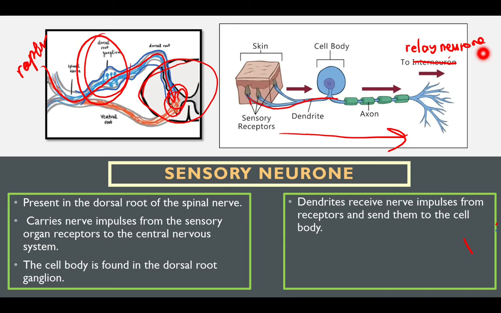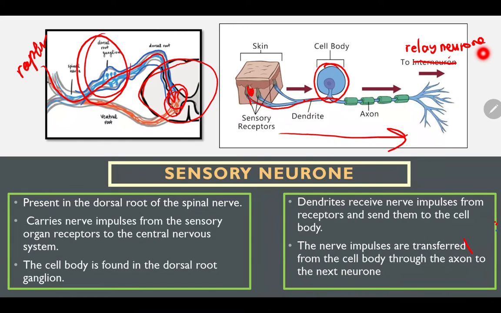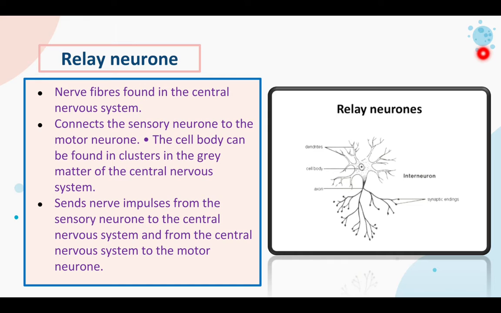Pergerakan impuls dia daripada dendrit dekat sini, impuls dihantar ke sel body, kemudian the nerve impulse are transferred from the cell body through the axon to the next neuron. So daripada cell body impuls dihantar, tengok arrow ni, dihantar ke next neuron iaitu relay neuron.